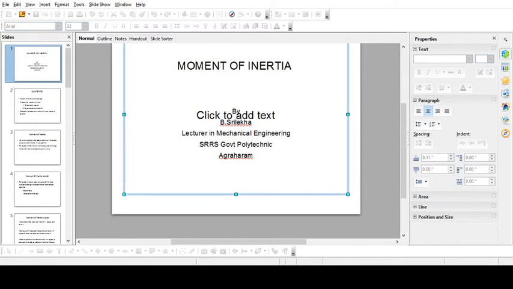Next, semicircle. For the semicircle, about the centroidal axis as the x axis, you can simply take 0.11 r to the power of 4, or 0.0068598 d to the power of 4.